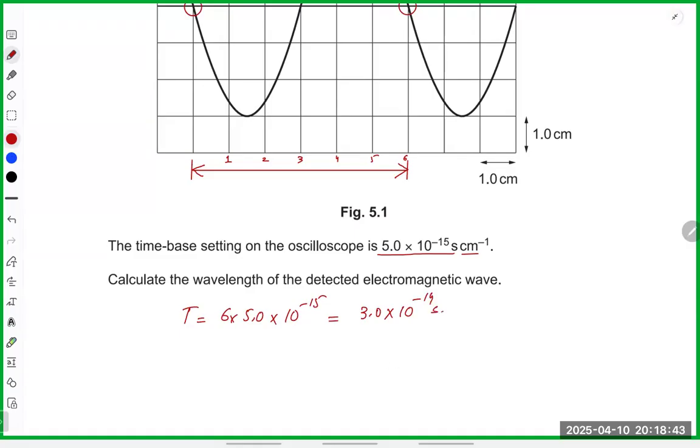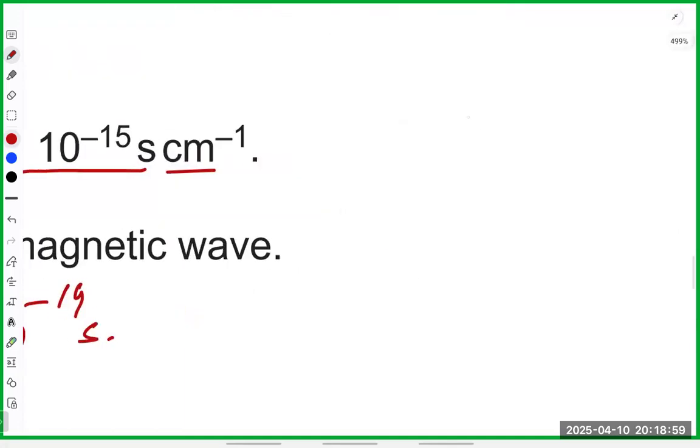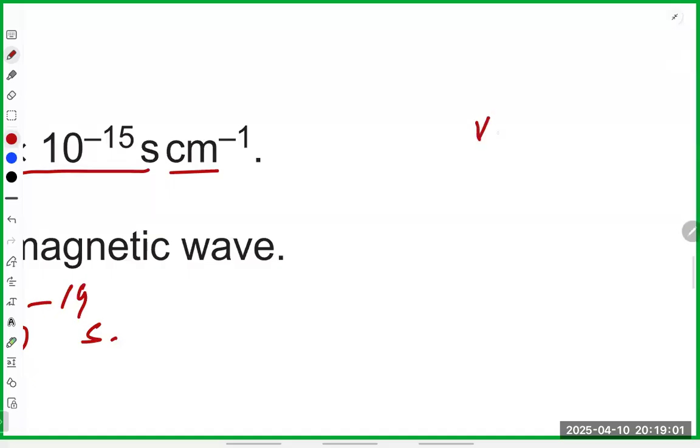This is the time period. Now, how can I use this time period to find frequency, and then use the frequency to find wavelength? But if I'm smart, I should remember the formula for speed.